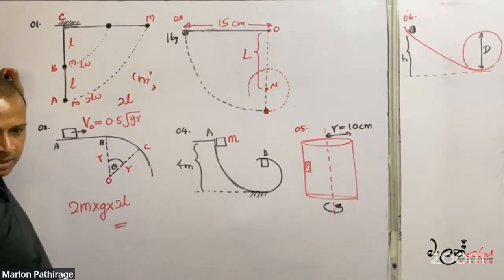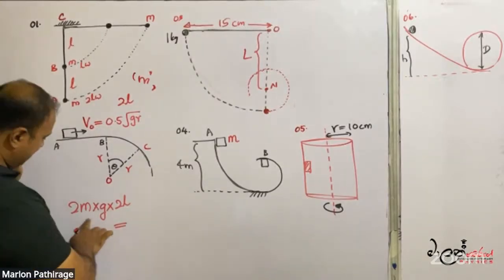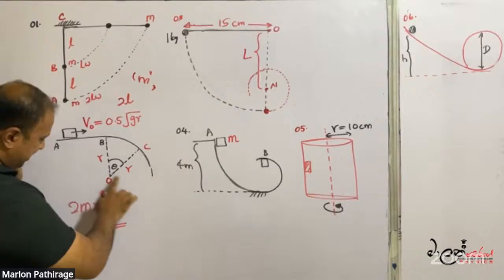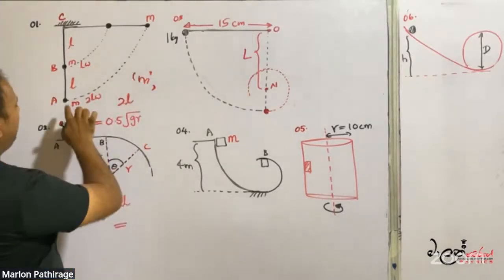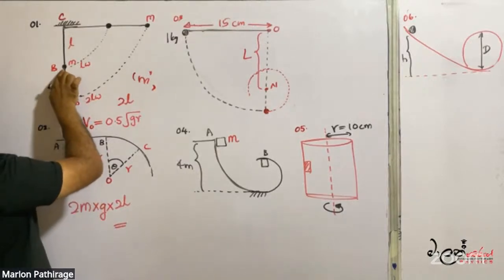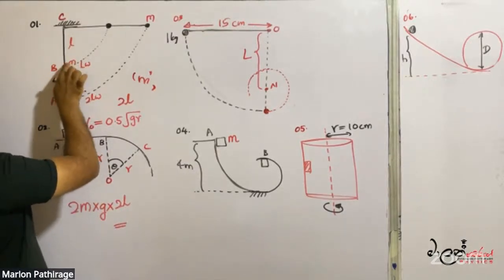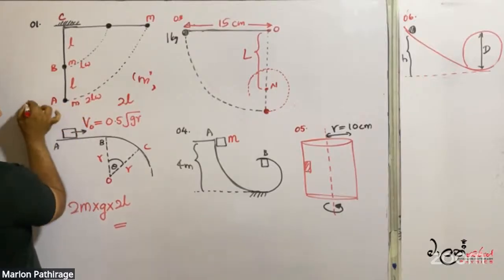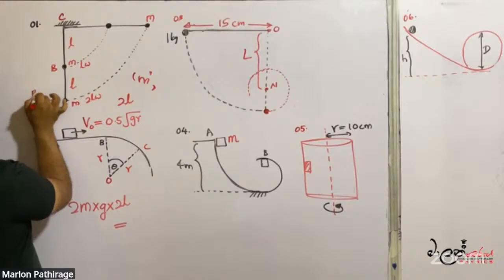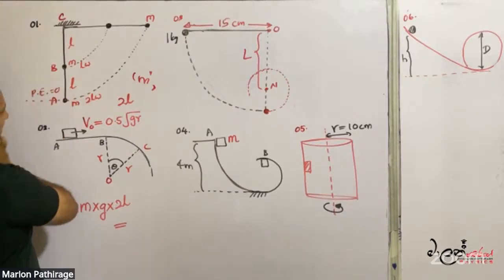So finally, this is the initial potential energy of the system. This mass has potential energy 0, because we have taken the potential energy 0 level as this level.